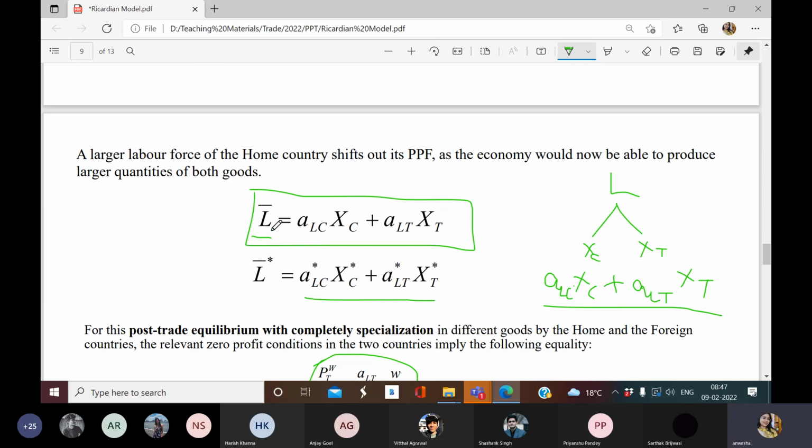So we can find out dXC by dXT along L bar, minus of aLT by aLC. If you totally differentiate, what will happen? On the left hand side, what will be dL bar?